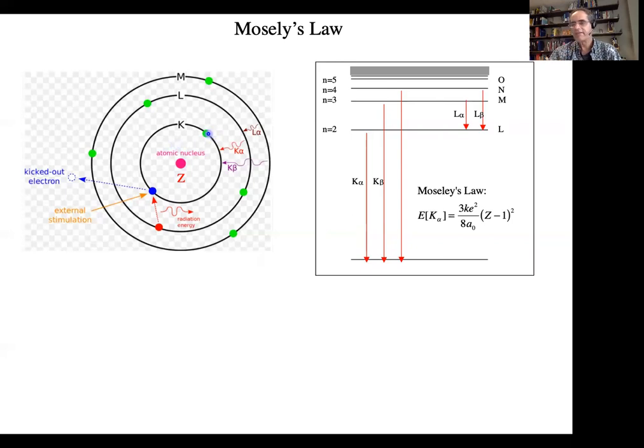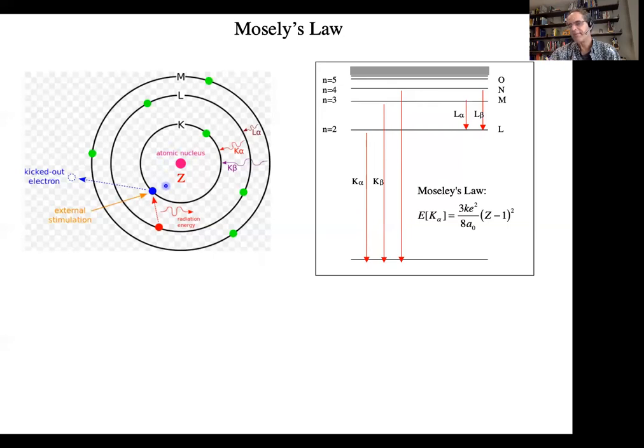Only there are two differences. The most important difference is that the charge of the nucleus isn't 1, but it's Z, okay, where that's the atomic number of the atom. The second thing is that this atom, if you like, contains another negative charge, the other electron in the K shell. And that makes the effective charge of the nucleus smaller.